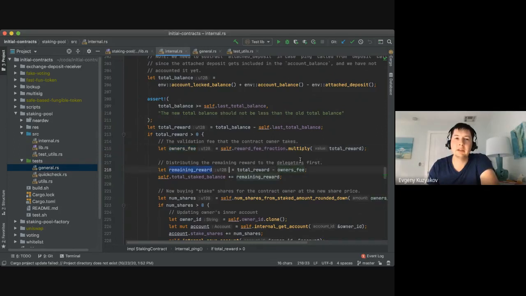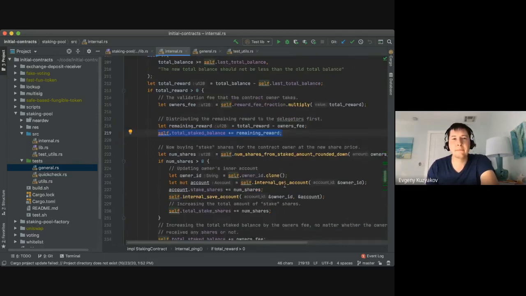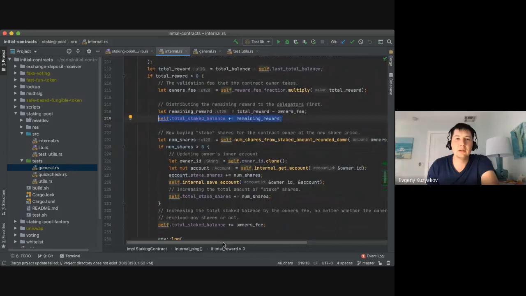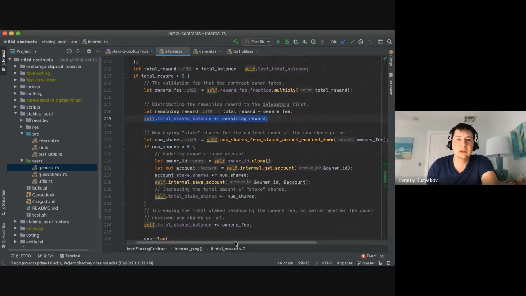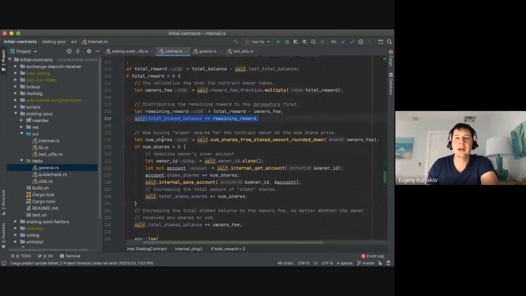And this is the remaining reward. We're saying all remaining rewards have to be restaked. And it goes here to be restaked. Then we calculate how many shares. The owner received the rewards in yoctoNEAR, not in shares.